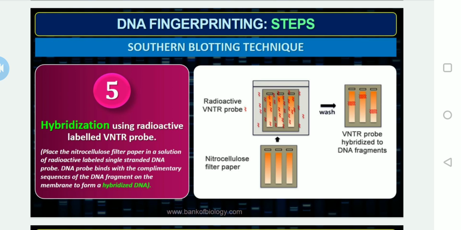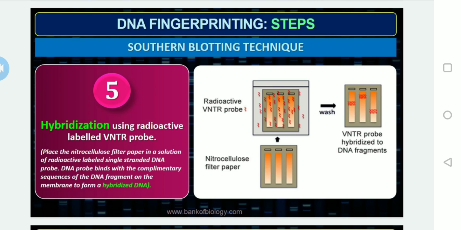And here the question arises, why do we also call it hybridization of DNA? As I said, place the nitrocellulose filter paper in a solution of radioactive labeled single stranded DNA probe. Then the DNA probe binds with the complementary sequences of the DNA fragments on the membrane to form hybrids. Here I hope you can identify the technique given in the slide, the radioactive VNTR probes hybridized to DNA fragments.